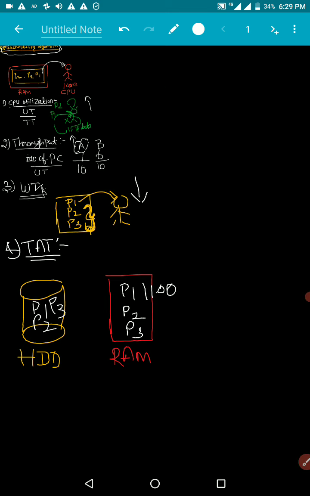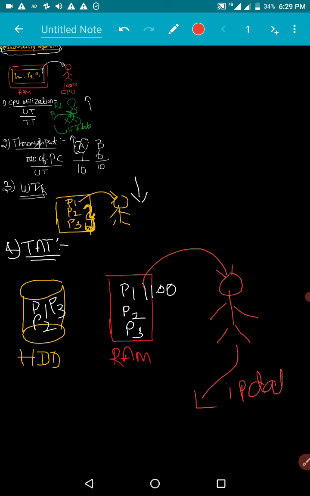Here we are using a single core CPU. So the CPU selects P1, which needs some input data. At that time the CPU picks P2 and executes it. Once the input data is ready, P1 is brought into the CPU again and executed.